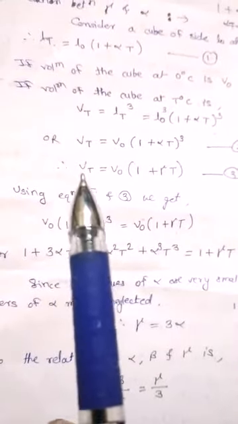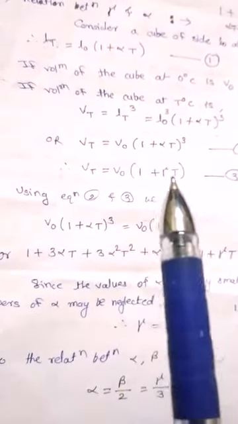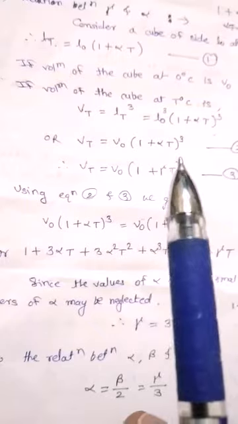Therefore Vt is equal to V0 (1 plus gamma T). This is the formula for the coefficient of volume expansion.